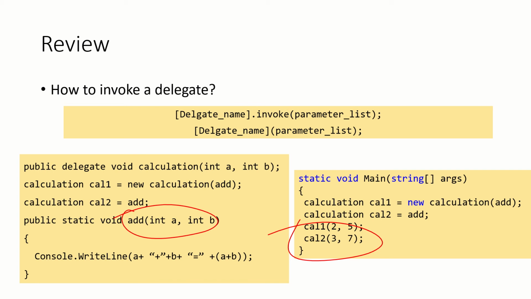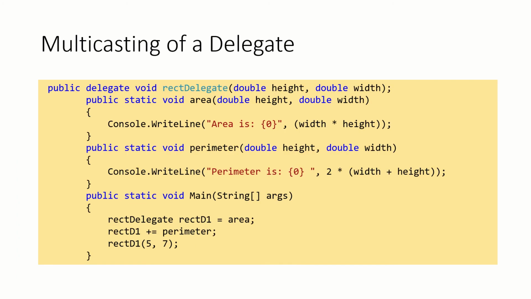Since there are two delegates there, can we combine them together? Since they are all using the same method and the same delegate type. The answer is yes. We can combine them together and multicast them to one delegate instance.